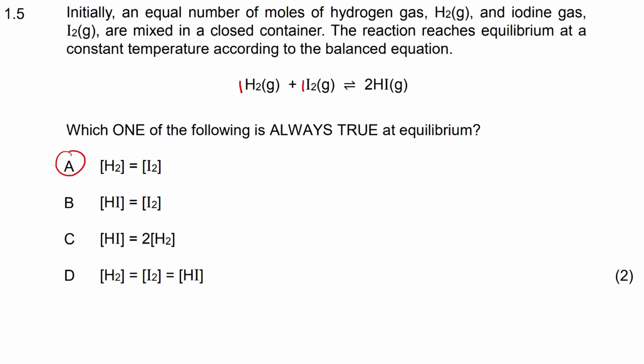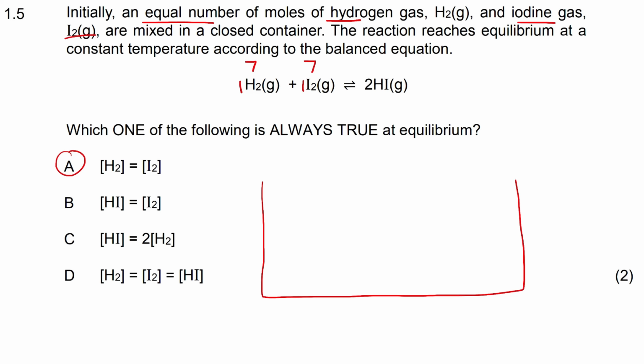Secondly, they gave us an equal number of hydrogen moles and iodine gas moles. So if you, for example, start off with, let's say they gave us 7 moles of hydrogen and 7 moles of iodine, it's like in a KC table. Check this out. If we've got our initial, change, then moles at equilibrium.